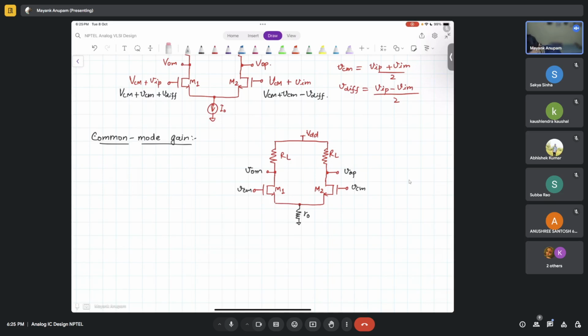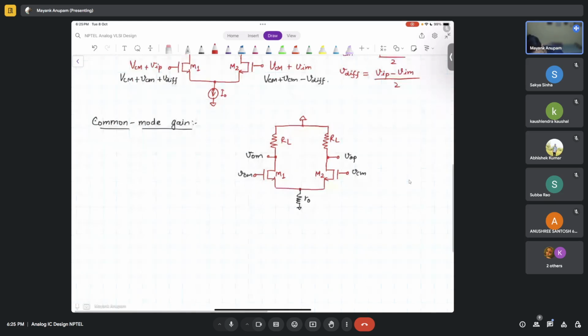And in the small signal picture, this VDD is not there, right? There will be ground. Now tell me what will be the gain from VCM. Basically, what is the common mode gain in this case?